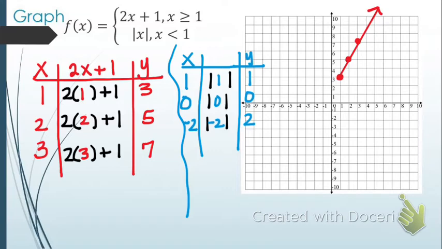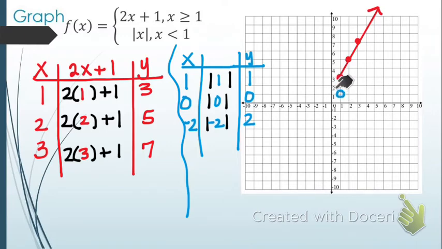Now the first point, and only the first point, is going to be an open circle. So when I plot that point at 1, 1, that's an open circle. So see how you can tell that I didn't fill that point in? Because remember, it has to be a function. If this was a closed point, that would mean that at x equals 1, we had 2 different y values.